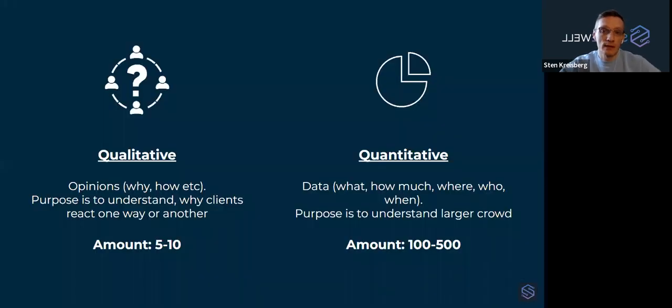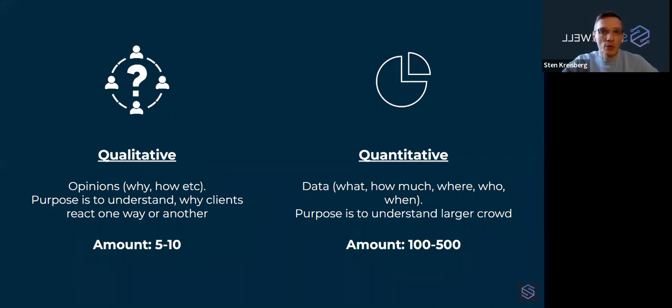There is always the question of whether I can do some quantitative research. No, Sharewell is more concentrated on qualitative research. The difference between qualitative and quantitative is that with qualitative, you usually need around 5 to 10 people to participate in your research.